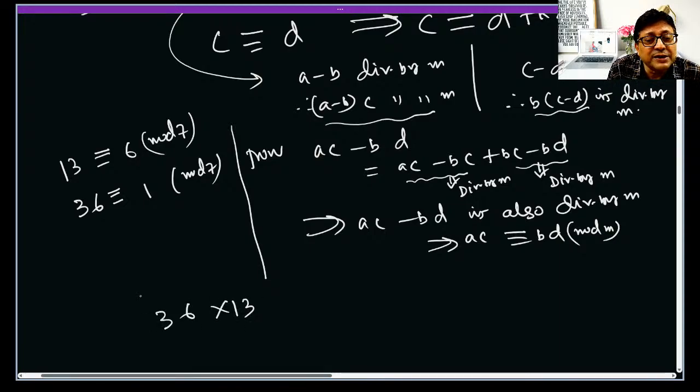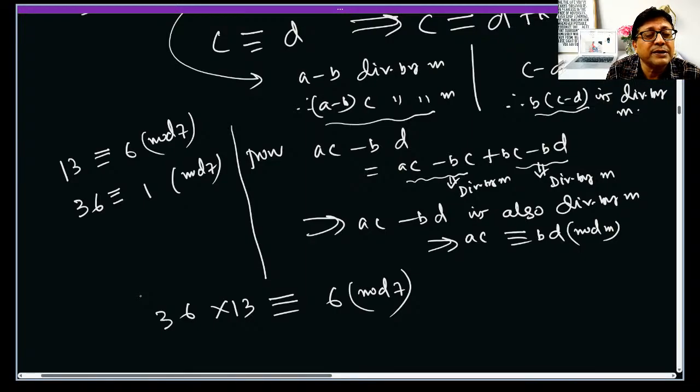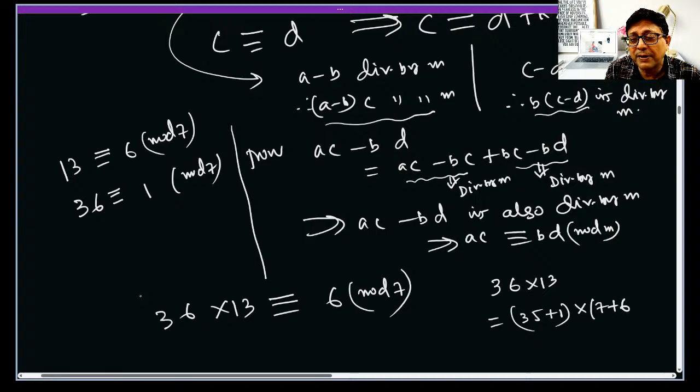36 into 13 should be congruent with 6 mod 7. How? You just multiply 36 with 13 and divide by 7. You will find that the remainder is 6 only. You write 36 into 13, then you write (35 plus 1) into (7 plus 6).